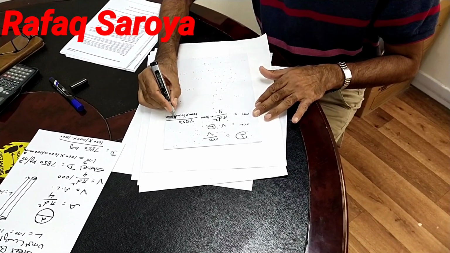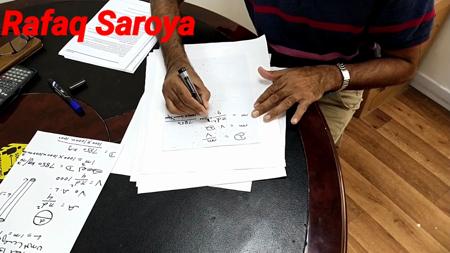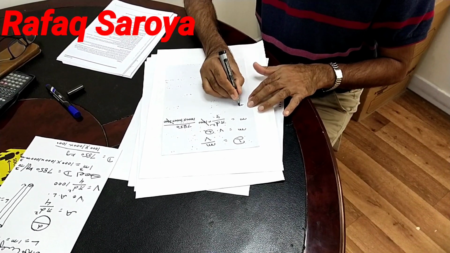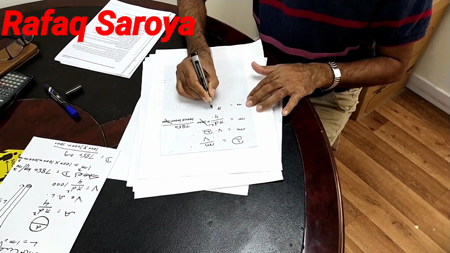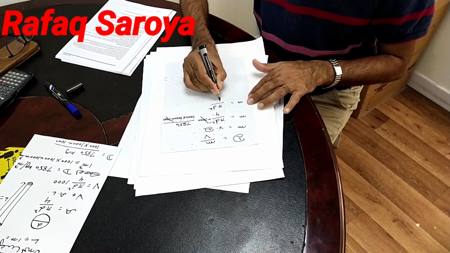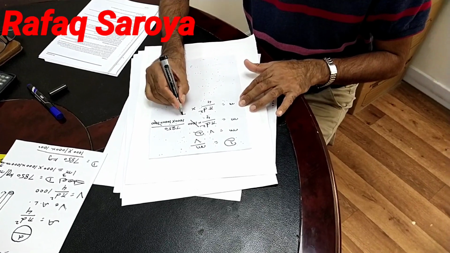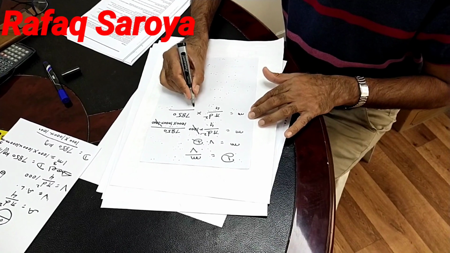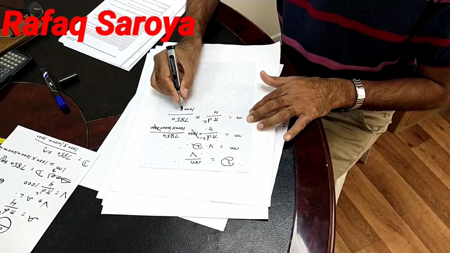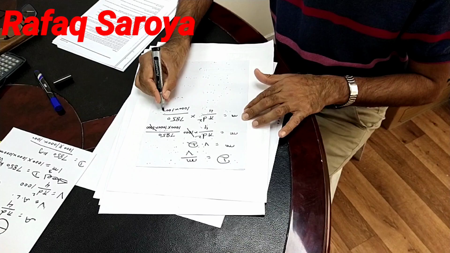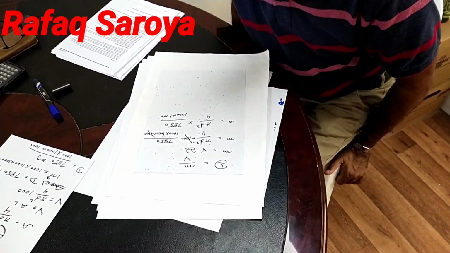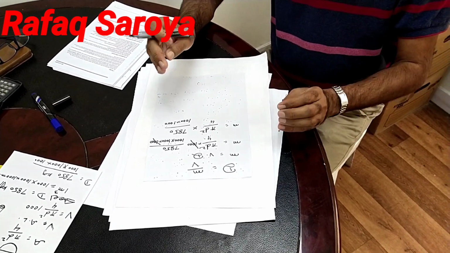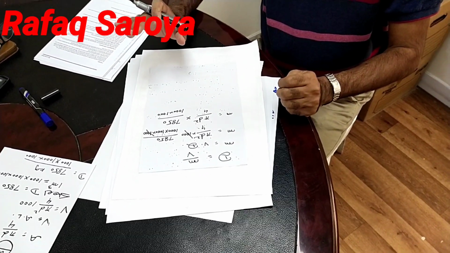First of all, this 1000 is being cancelled with this 1000. Then I can write down mass is equal to pi d square over 4 multiplied by 7850 divided by 1000 multiplied by 1000. Here, you all people are engineers or you are doing engineering.